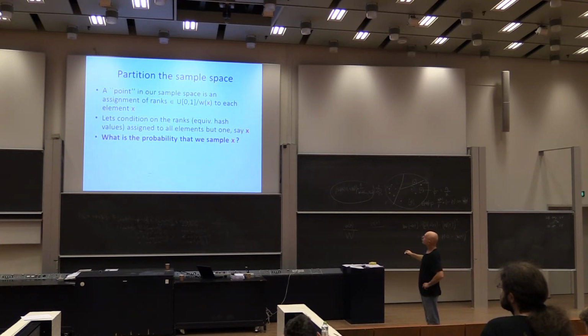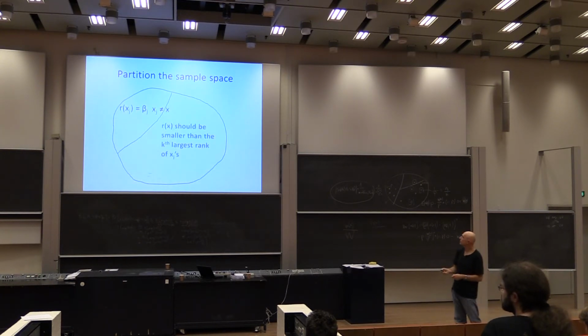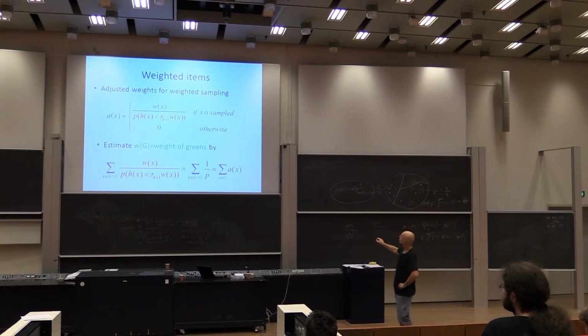So when I do the conditioning, I condition on the ranks of all the items except a single one. And in this subspace, I can usually compute easily the probability of the item being in the sample, and then I can take 1 over the probability. So everything basically works the same.